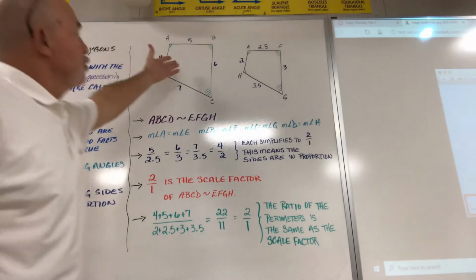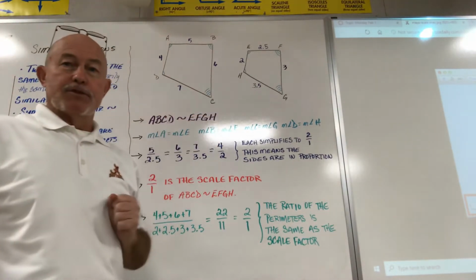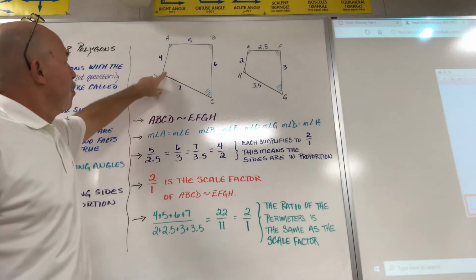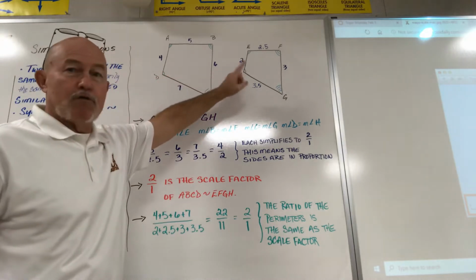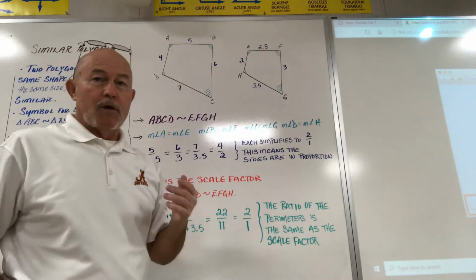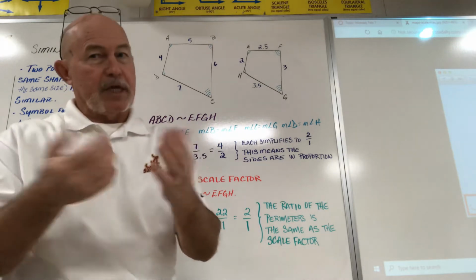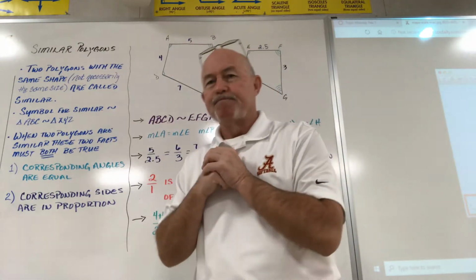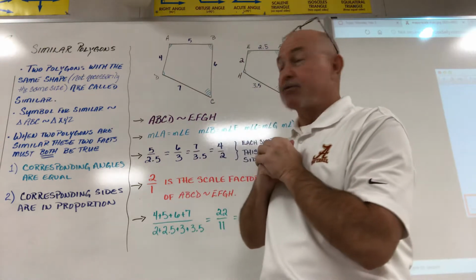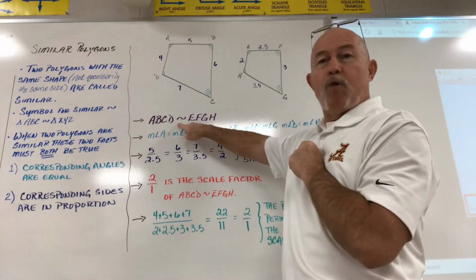I have two quadrilaterals. The marks are there to show us which angles are equal. Remember, we're always going to have those little marks or degree measures. We don't use too much in the way of angles here. So this would be what we set up.